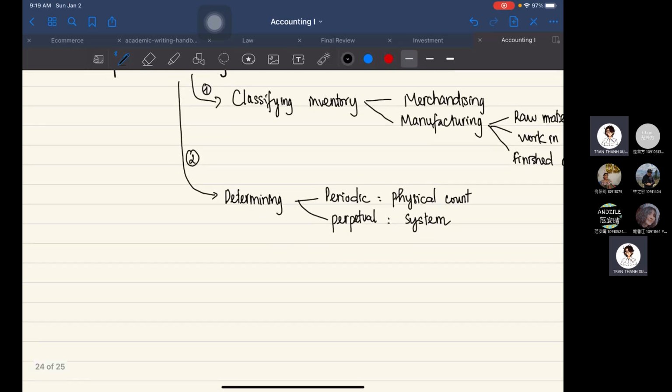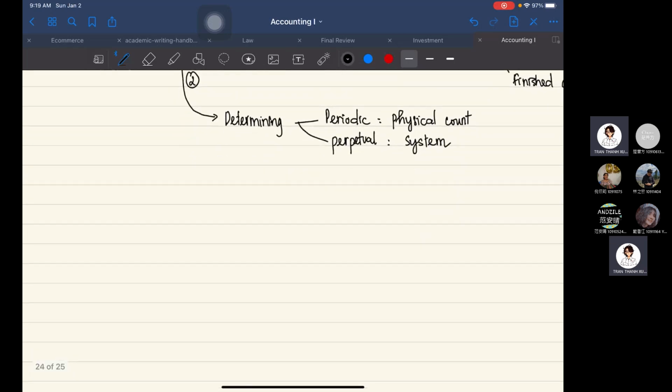And then this determines what kind of methods the company uses. On the other hand, there are two points you need to pay attention to: the physical inventory and the ownership.